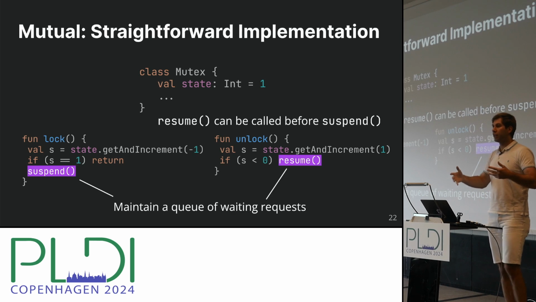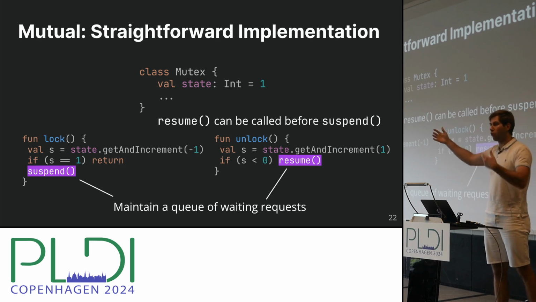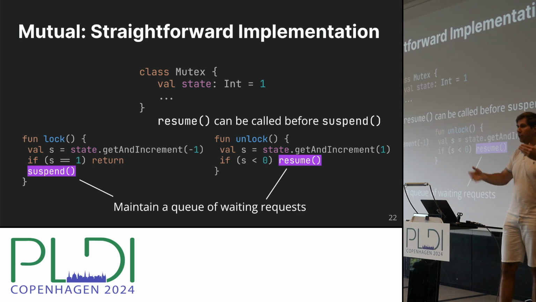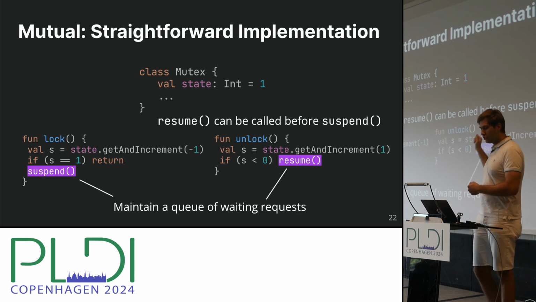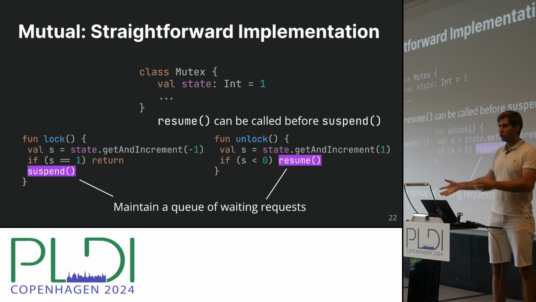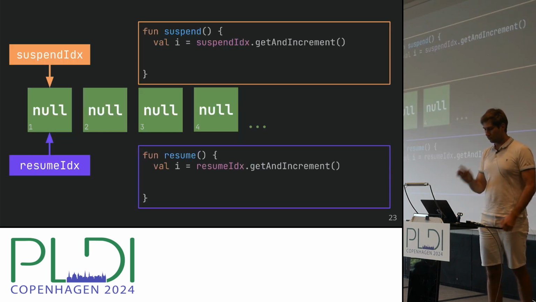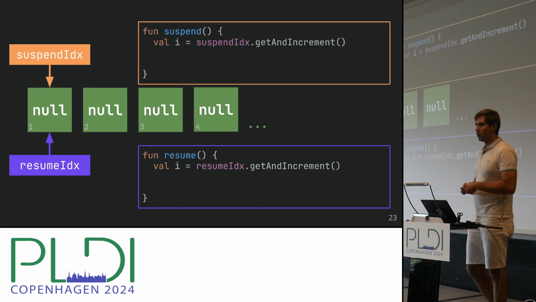Similarly to the park and unpark semantics with native threads, it's possible to call unpark before park. And in this case, when you call park, it shouldn't suspend. Here it's the same. When we call resume and then suspend, this suspend call should just grab the permit and finish without actual suspension.